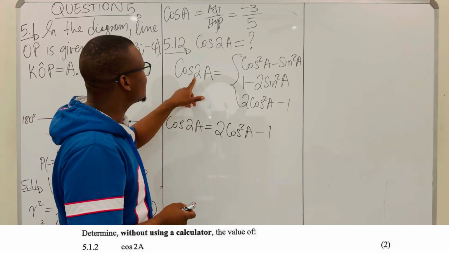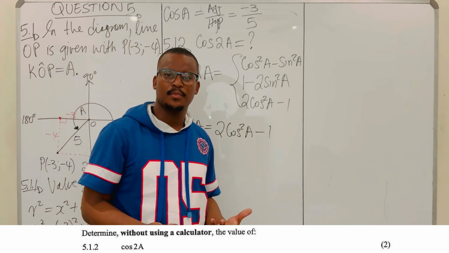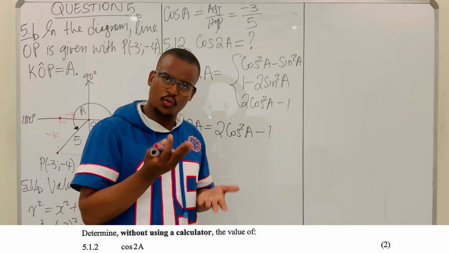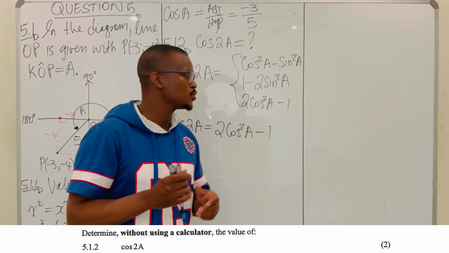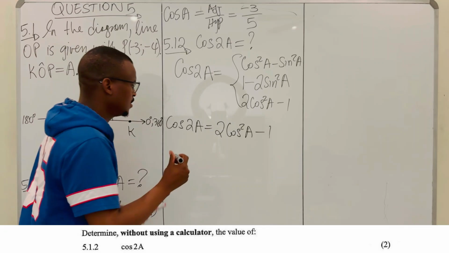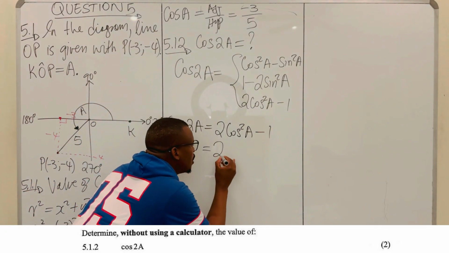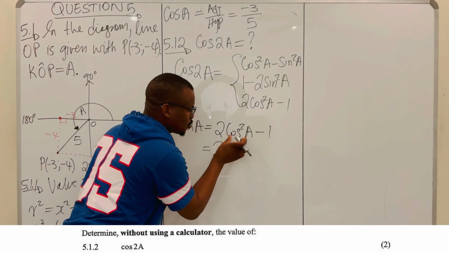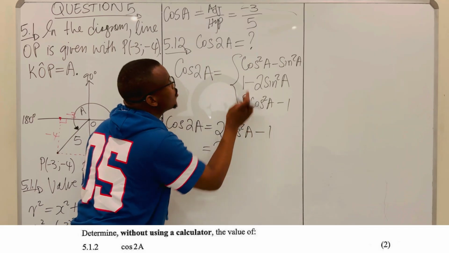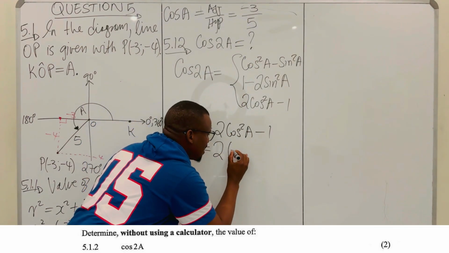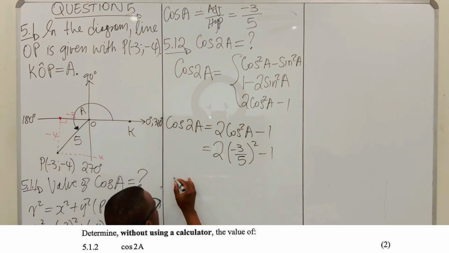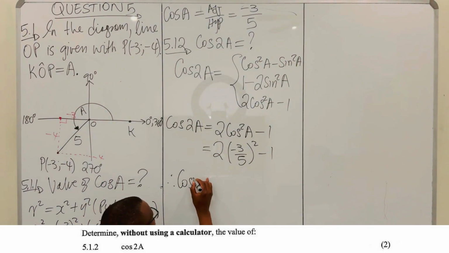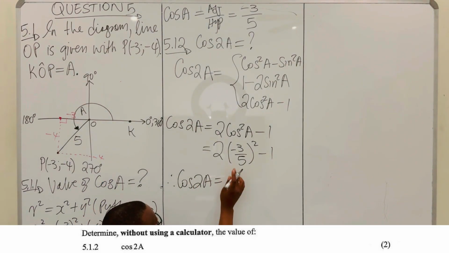When you're saying this is equivalent to that, they are not the same. They are equivalent, not the same. So this is equal to 2 times cos A all squared minus 1. What is your cos A? Your cos A is minus 3 over 5, all squared, minus 1. Therefore, your cos 2A is equal to the answer to this.